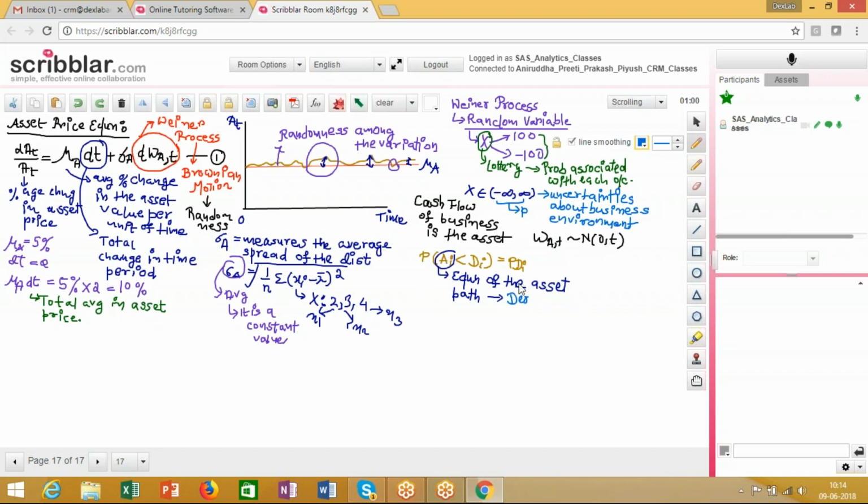The equation talks about the growth rate or the percentage change in the asset path, and from there we need to derive the equation for the asset.